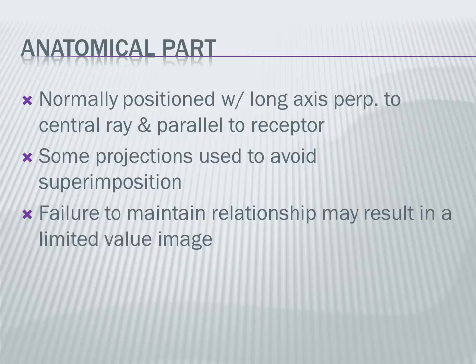Anatomical part: normally positioned with the long axis perpendicular to the central ray and parallel to the receptor. Some projections are used to avoid superimposition. Failure to maintain the relationship may result in a limited value image. 29-11 is a good reference. It looks at both foreshortening and elongation.